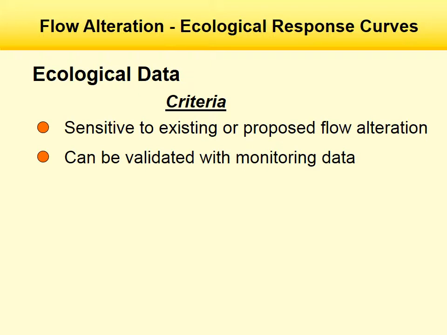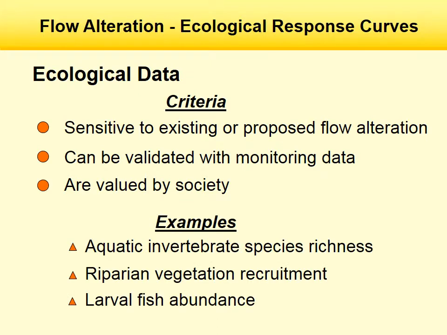It really is ideal if at least some of those ecological measures can be monitored, because if you recall, it's an adaptive process. The only way we're going to know if our environmental flow standards are working is to be able to monitor it and check and refine those recommendations. We have to be able to monitor and validate with monitoring data. And ideally, we want some measures that are valued by society. And here are a number of examples.